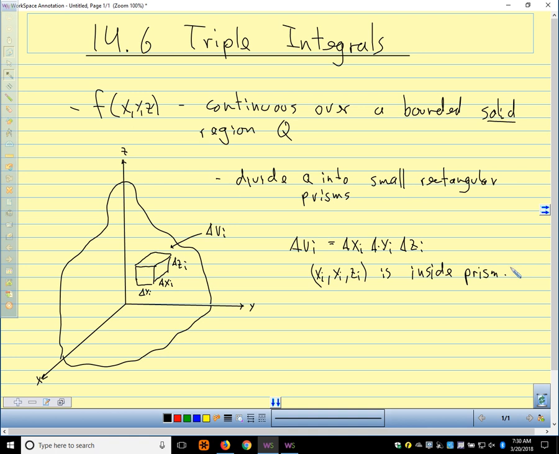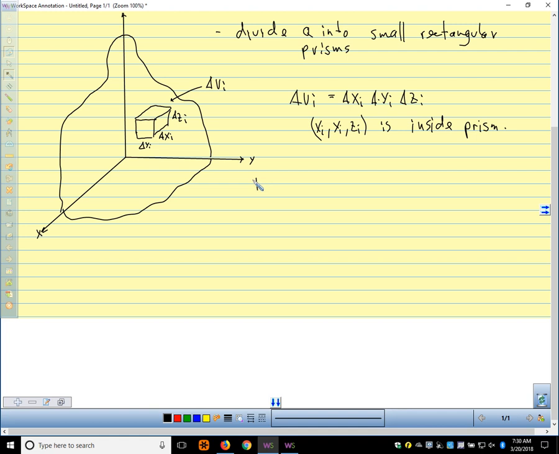And then we're going to find the total volume. No, this is not going to be a total volume. So we're going to form this sum, the sum from i equals 1 to n of f of x sub i, y sub i, z sub i, times delta V sub i.